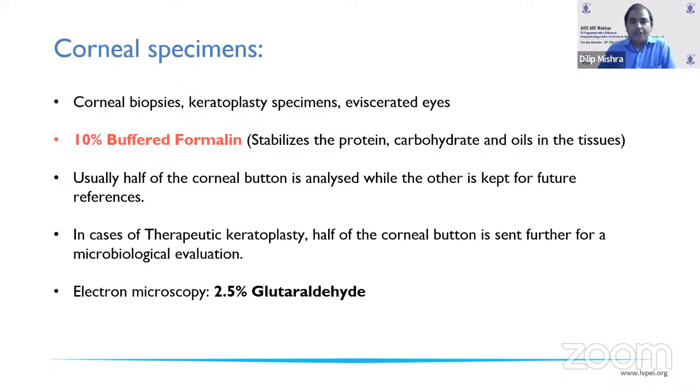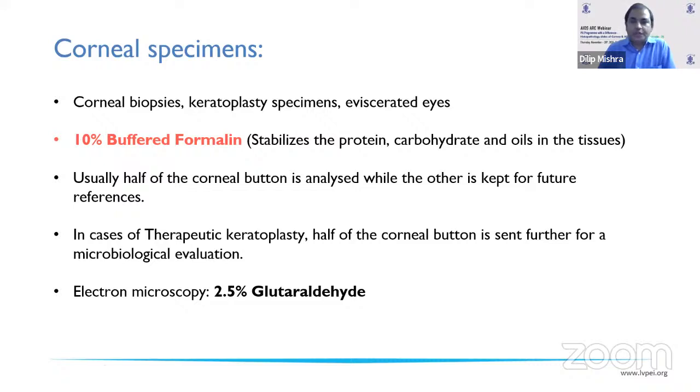Corneal specimens, we are getting mostly corneal biopsy, keratoplasty specimen, and eviscerated eyes. And how are we preserving this tissue? It is always preserved in 10% buffered formalin, because this is cheaper and a universal stabilizer, meaning it fixes the tissue.